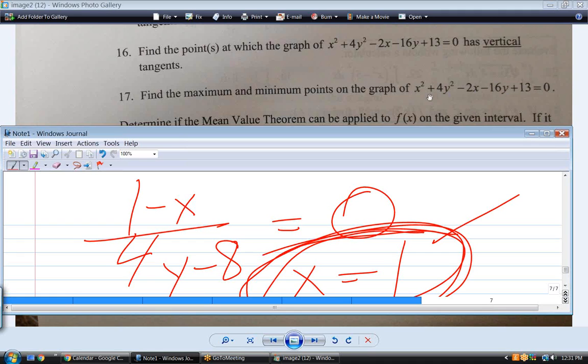Well, there's no endpoints here. They didn't specify an interval. If they'd said on the interval from -5 to +5, then I would need to check those endpoints and see what the y value is at the endpoints. But they didn't specify that. So the only maximum or minimum is going to come where that first derivative is equal to 0. And we just showed that that's at x equal 1, and that's the only place. There's no other way you could have a maximum or a minimum.